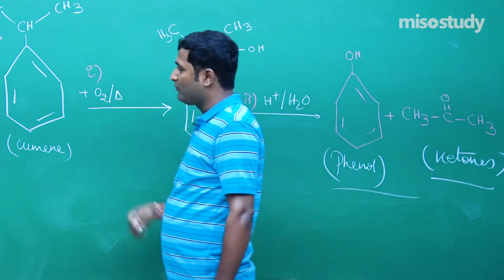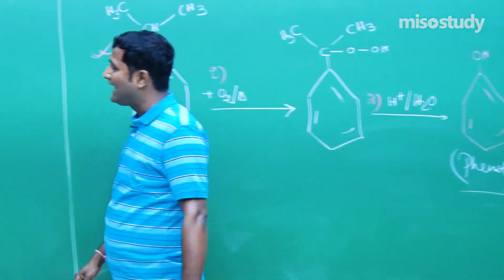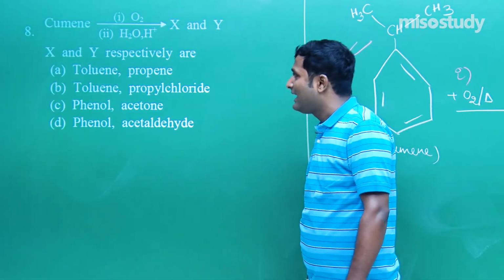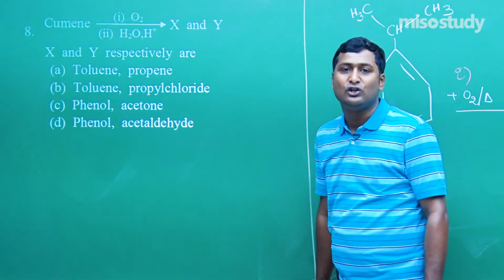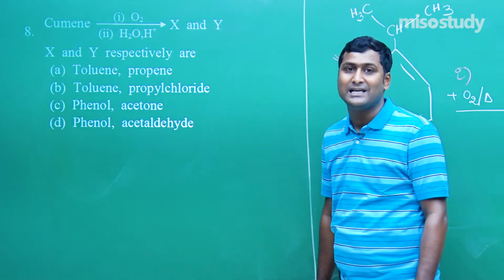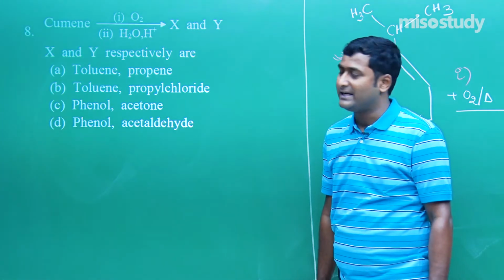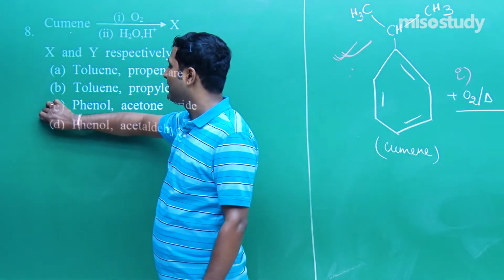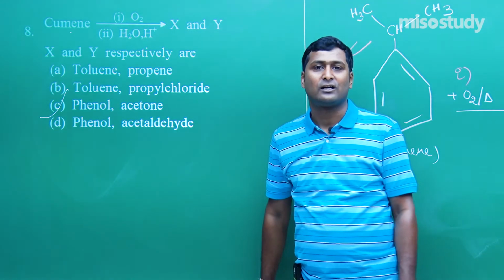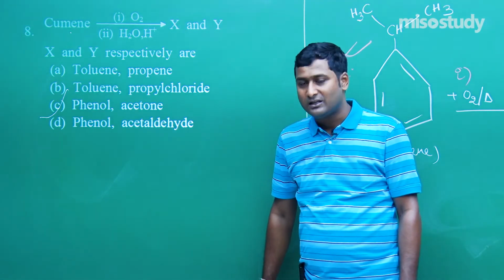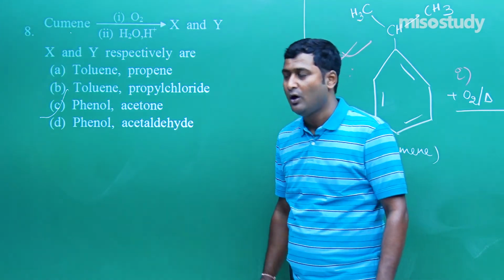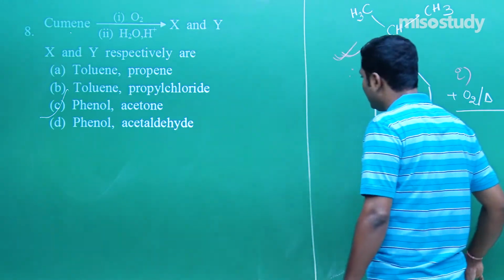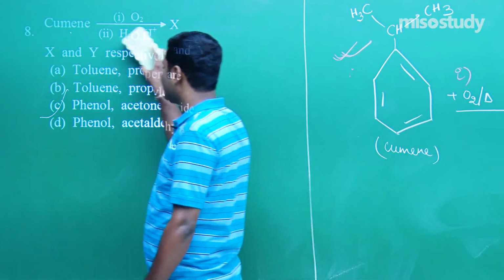So for cumene, X and Y are, one is phenol, second one is ketone, that is acetone, CH3COCH3. So for question number 8, C is the correct option. Clear? Still, if you have any doubt, you can easily approach me. Now let's move to the next one.